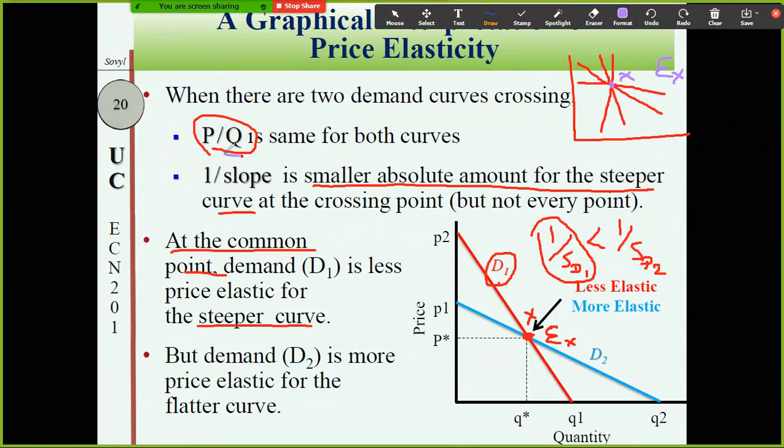Why? Because at the same point X, P over Q is the same for D1, D2, D3, D4, but in terms of slope they are not the same, 1 over slope is not the same. The flatter tends to be bigger, the steeper tends to be smaller. Smaller means less elastic or inelastic. Flatter means more elastic.